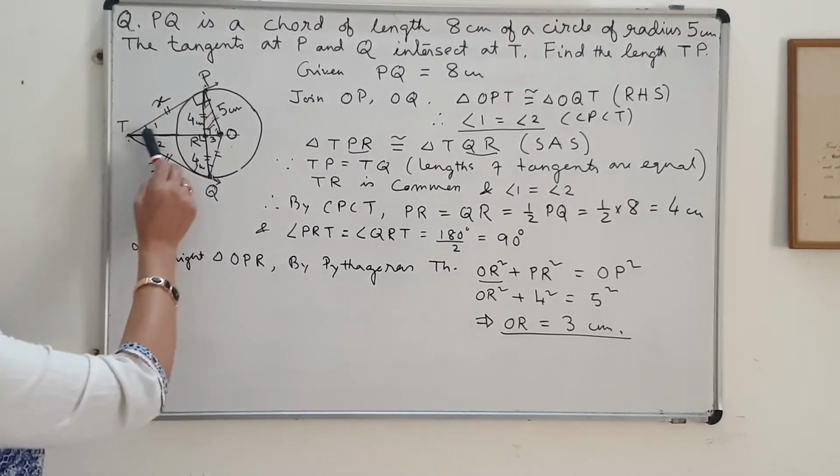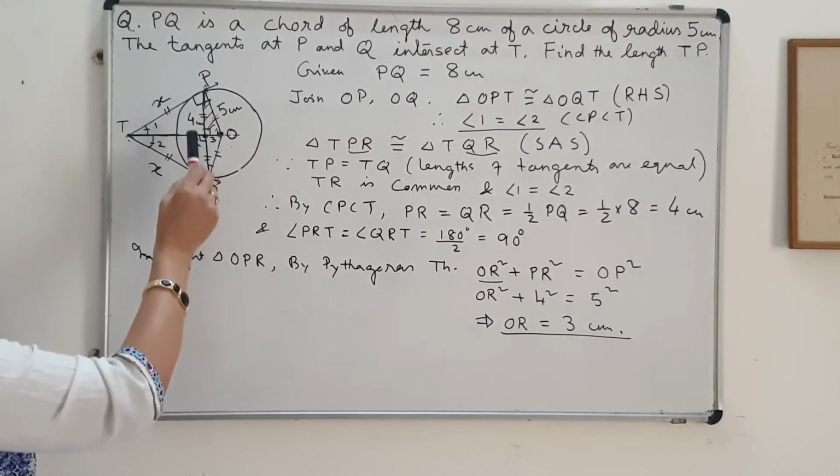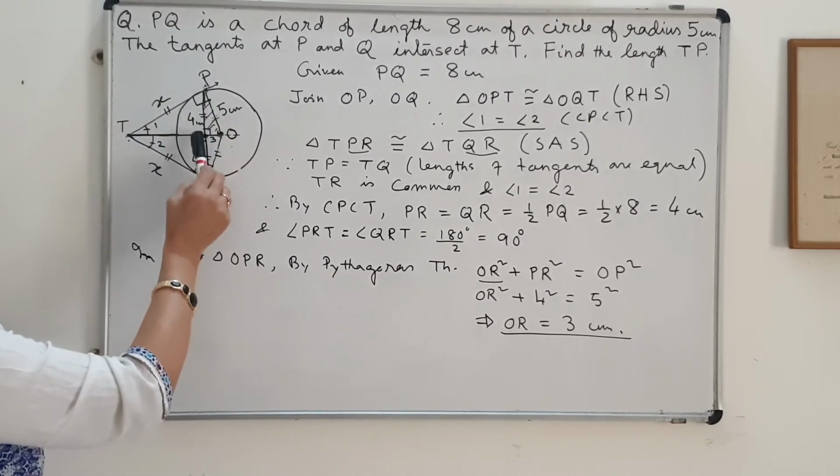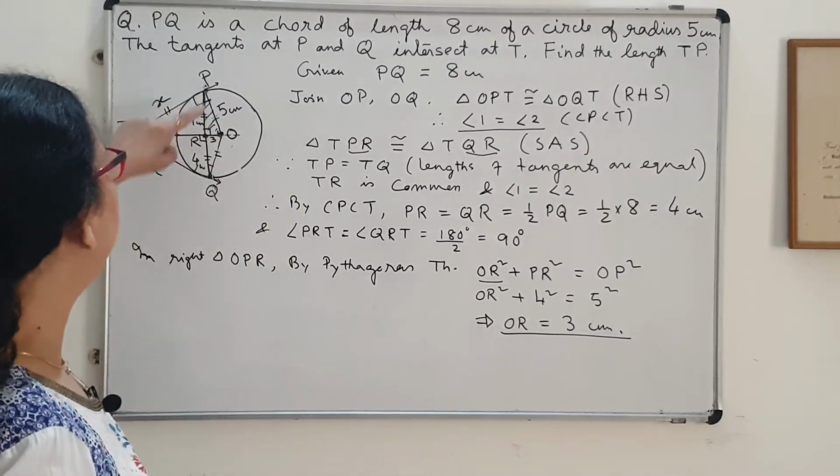Suppose in triangle TPO, 5 is known and this is in our concern, then I should take which triangle? I should take OPR because I know all the sides of that triangle. Then it will be possible to find the value of x.